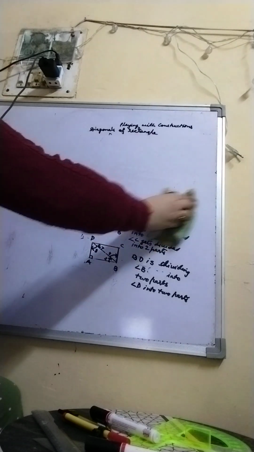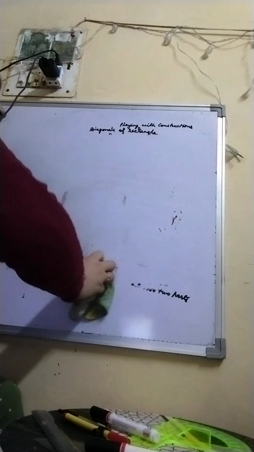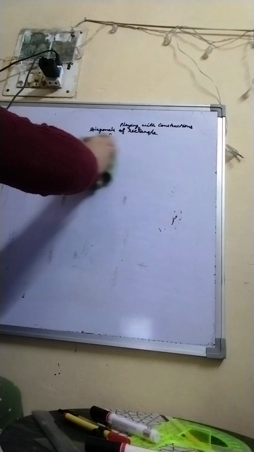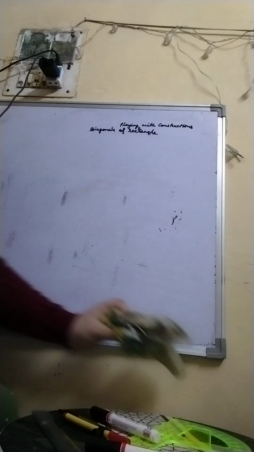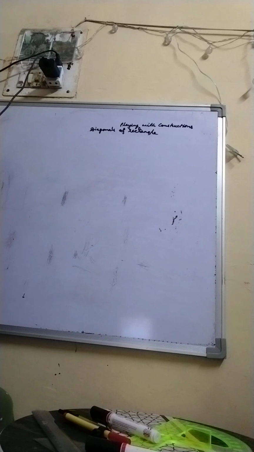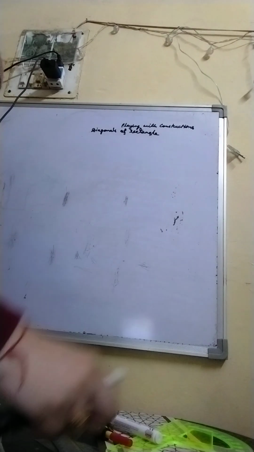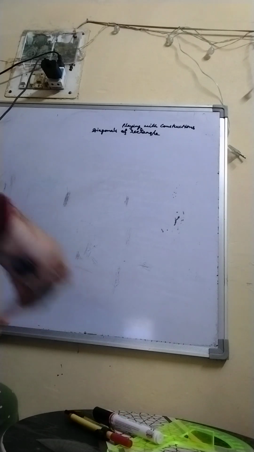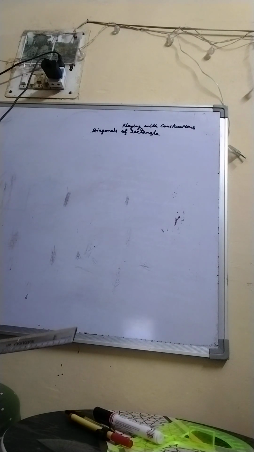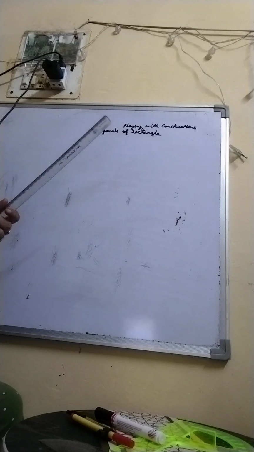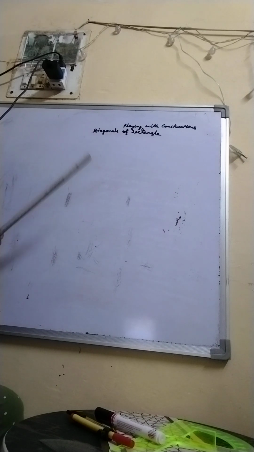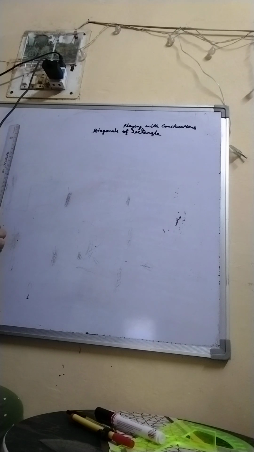You took the help of ruler and protractor, or the help of ruler and compass. So here also we will start constructing a rectangle now, and we will take the help of ruler, protractor and the compass wherever required.